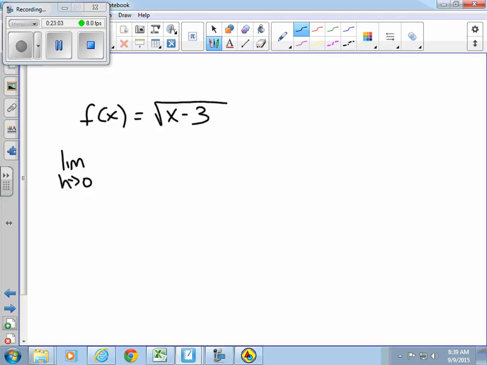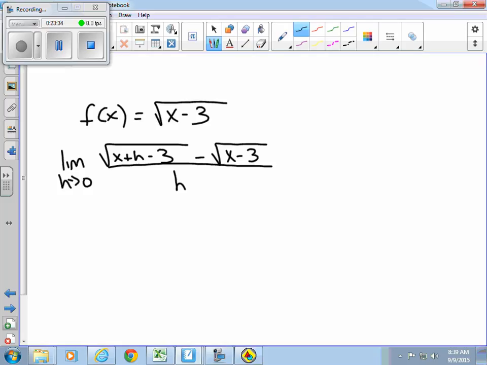The limit as h approaches 0 of the square root of x plus h minus 3, minus the square root of x minus 3, all over h. That's the derivative: f of x plus h minus f of x all over h. What does this mean I have to do? Good. This is just more limit practice at this point, right?